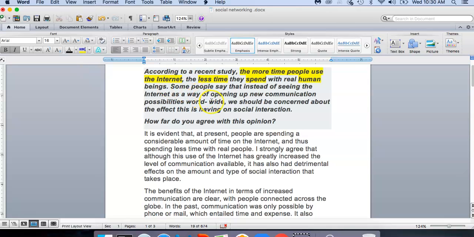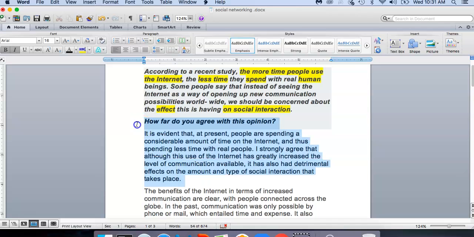Okay, it's saying that we should be concerned about, basically it's asking you the effect on social interaction. So when we're talking about social interaction, how do people like talk or communicate with each other in person? Okay, or even online, there's some sort of social interaction. Do you talk to people online the same way that you would do offline? How does this affect you as a person? So basically, that's what it's asking.